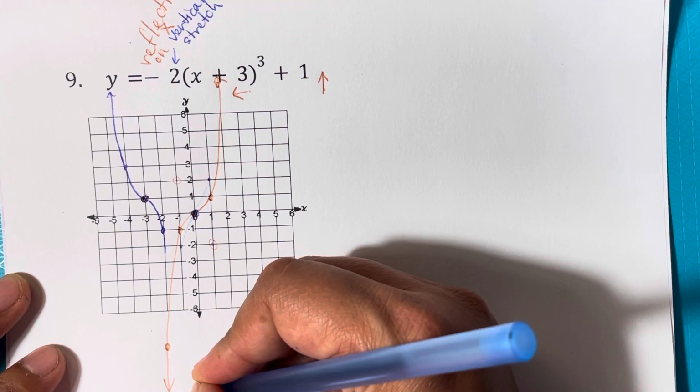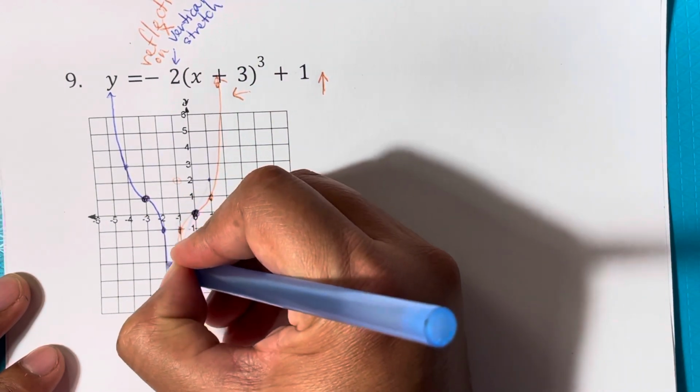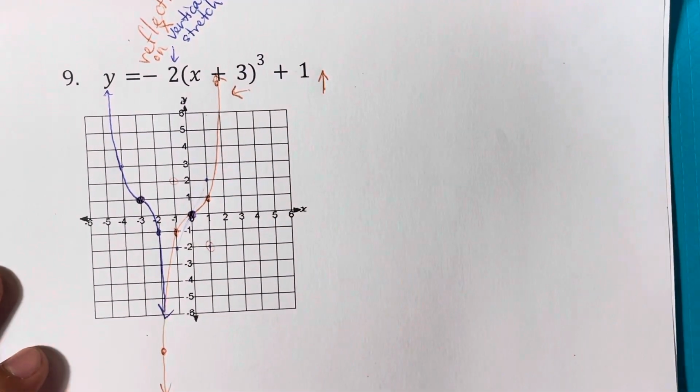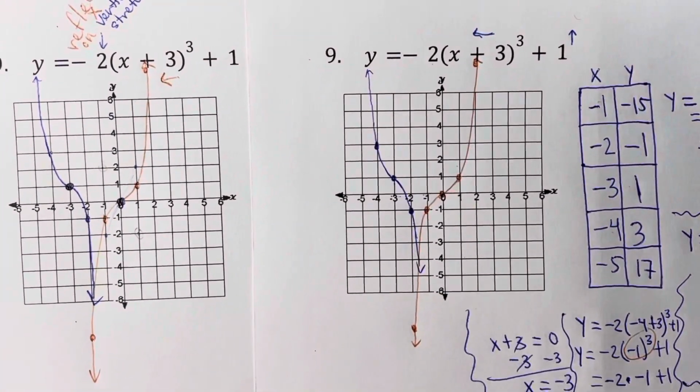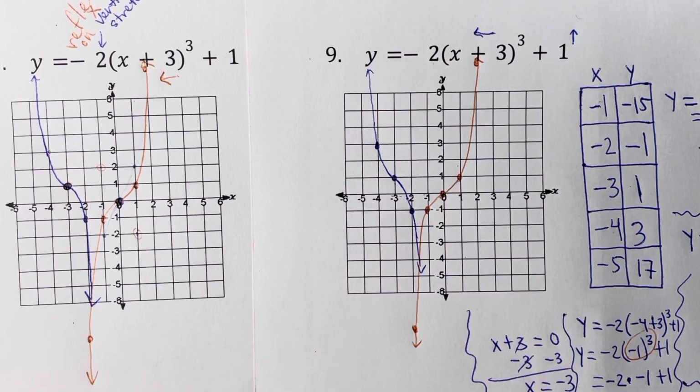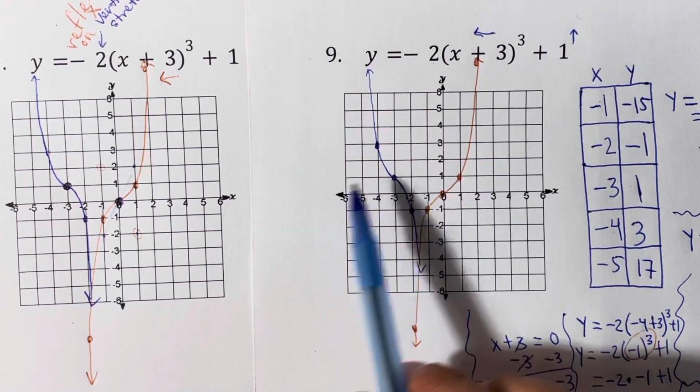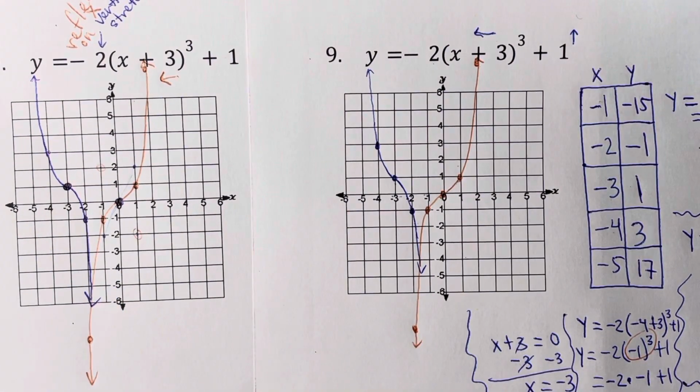Negative 16 plus moving it one space up. That's why you got the 15. So somewhere like that, if you notice, with the table, we get the same thing. Negative 31.